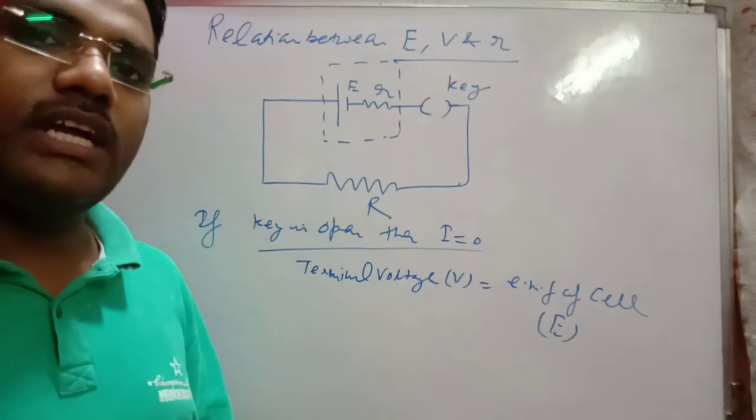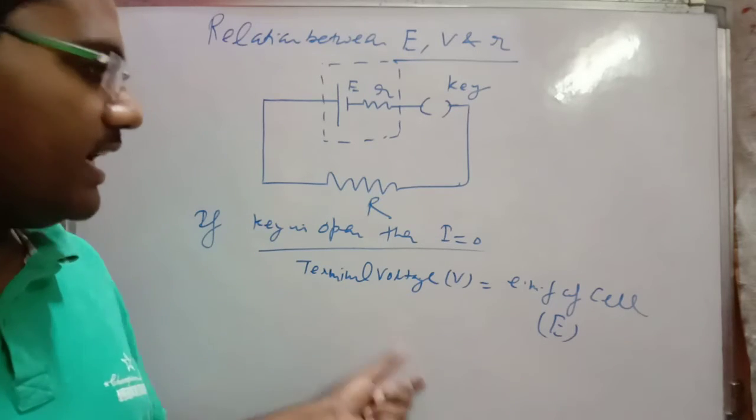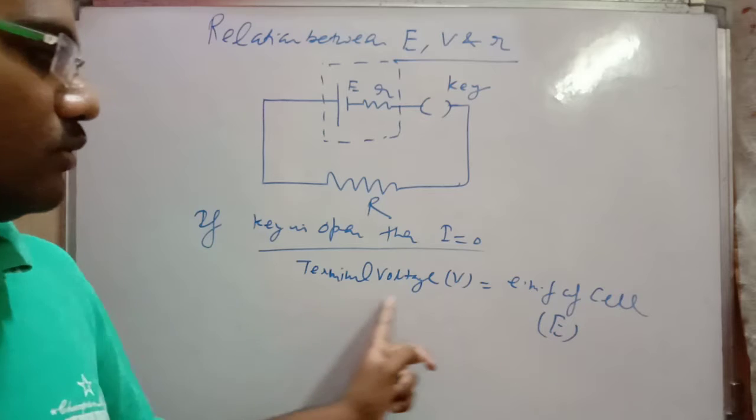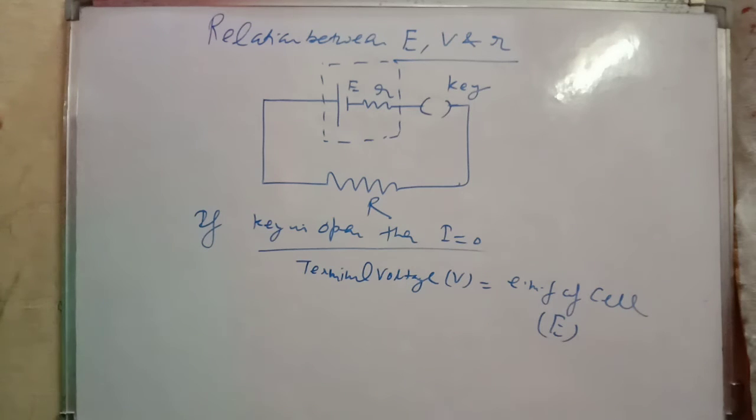If there is no electric current in the circuit, then the EMF of the cell is equal to the terminal voltage.